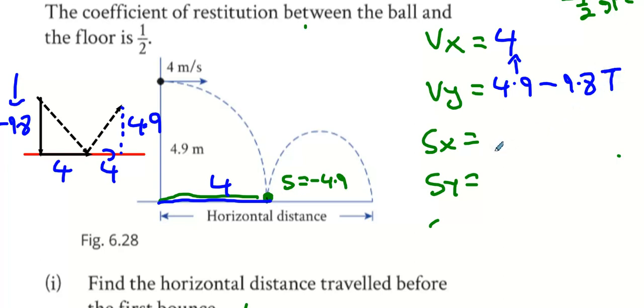Your Sx is 4t. Okay. I have an idea for this. Just give me a minute with it. Okay, and then after that, Sy: 4.9 t minus a half a t squared.